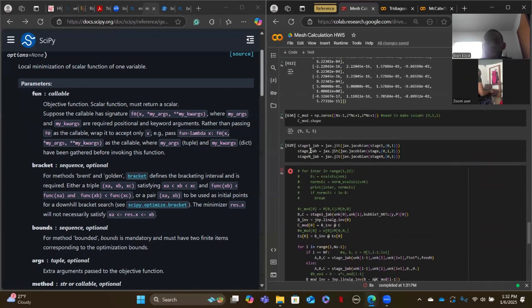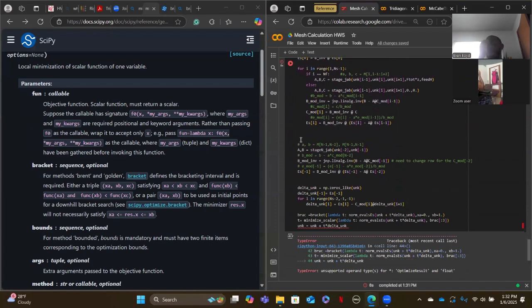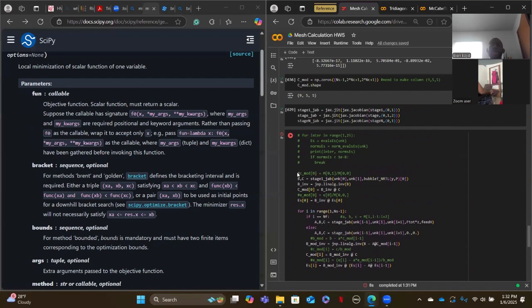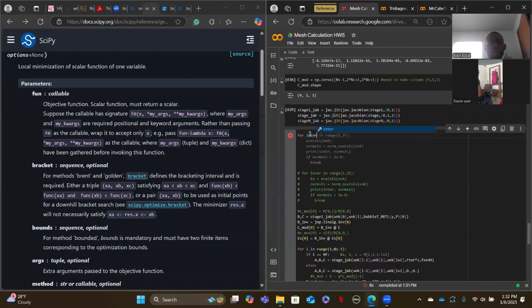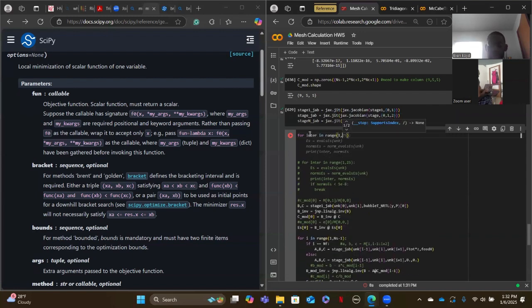Okay, so our next part is an iteration. This is literally our last part. We're doing an iteration to find how many times it will run for us to finally solve for our roots. So we'll do for enter in range of 1 to 25.